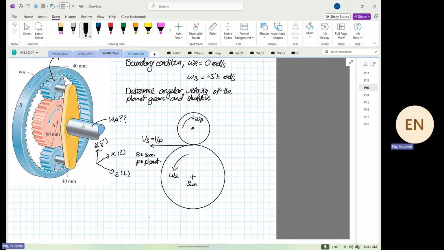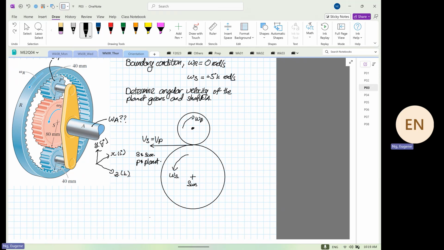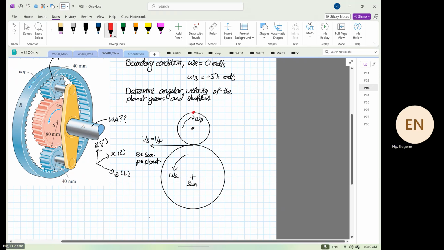And at this instance over here, I'll draw a different dot, a red dot. We know at this point over here, VR is equal to 0, and R denotes the ring gear.